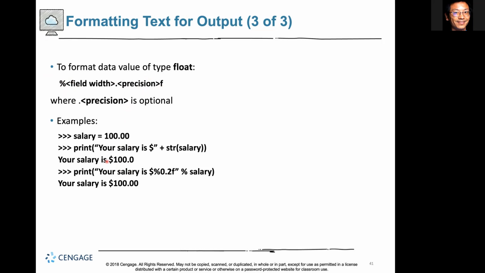And so here's a simple example. You have a salary equal to 100, and then you print out that salary, and now you want to control the format here with percent 0.2F. The .2 means 2 decimal places, and then F actually stands for fixed format. And then you have 0.